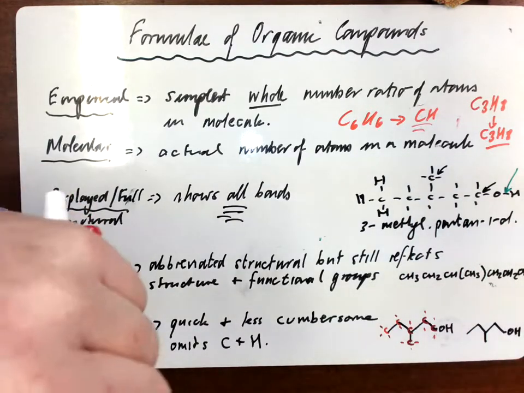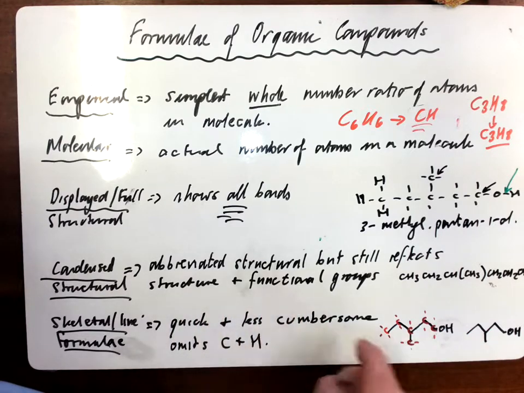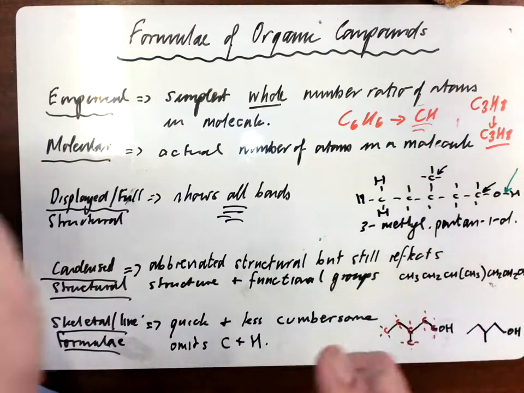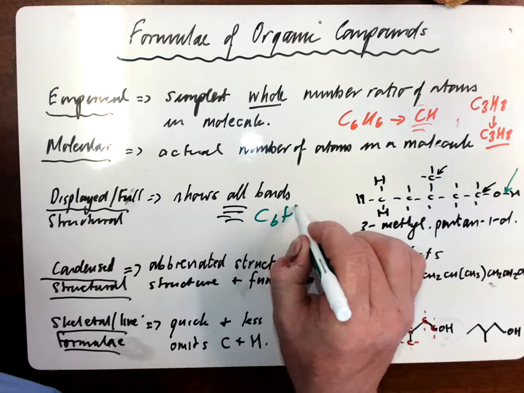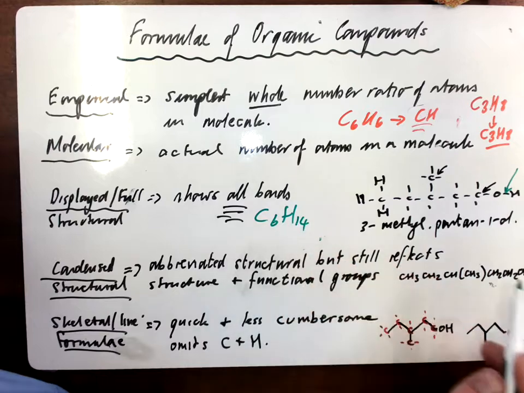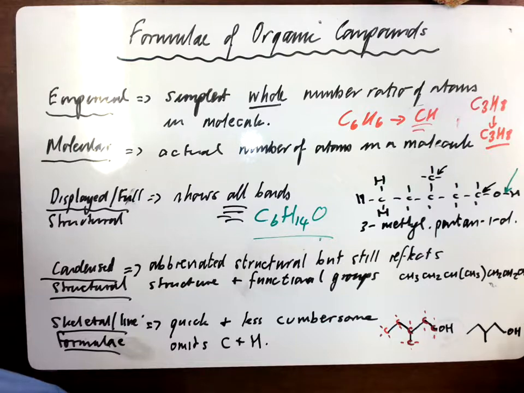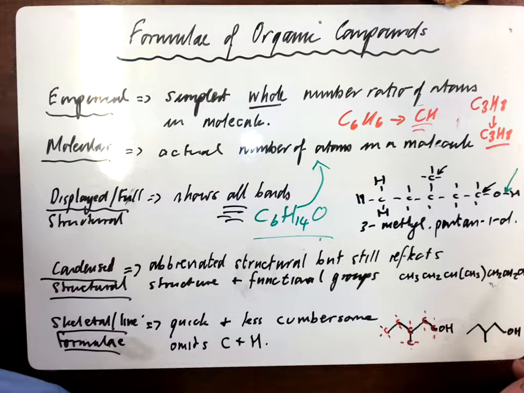They take up a lot of time and a lot of space to do. So more often than not, it's better to be able to operate in what we call condensed structural formula, which is this abbreviated structural formula, but it still reflects the structure and any functional groups that happen to be in a particular molecule. So it's different from molecular in that if I took the molecular formula of this thing here, I would simply take all the carbons, of which there are 6, all the hydrogens, which there are 14 I think off the top of my head, and there's 1 oxygen, so that would give me no indication at all that this was actually 3-methylpentan-1-ol.